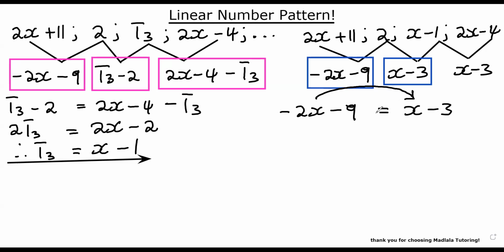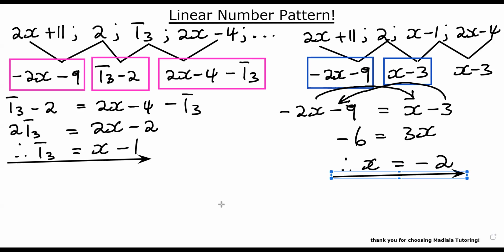Then take the negative 1 to the right, so it becomes positive, and take this negative 1 to the left, so it becomes positive as well. So on the right-hand side, you have 3x. On the left-hand side, you have negative 9 plus 3, which is negative 6. And dividing both sides by 3, you find that the value of x will simply be positive. In fact, negative 2, sorry.